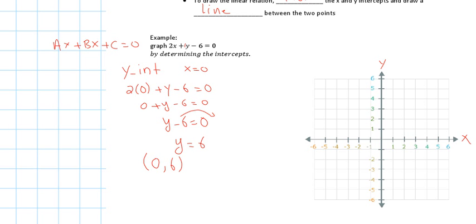Okay? So you locate your x value first, whatever it is. So in this case, it's at 0, so it's right here. And then you go up to the 6. Now I found the y-intercept. I still have to find the x-intercept. I said that to find the x-intercept, I have to set y equal to 0.